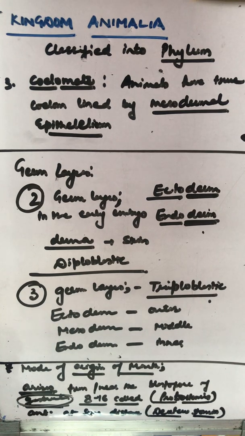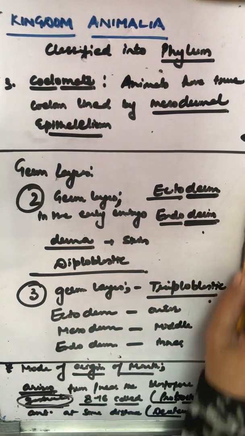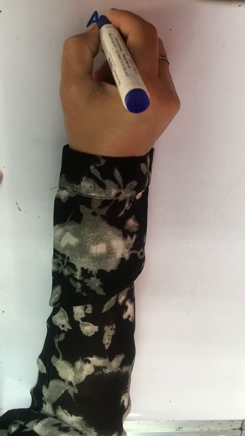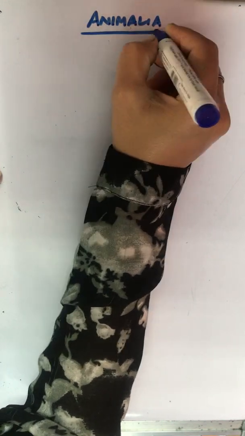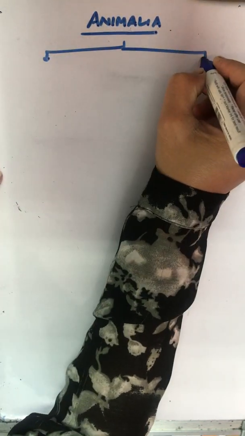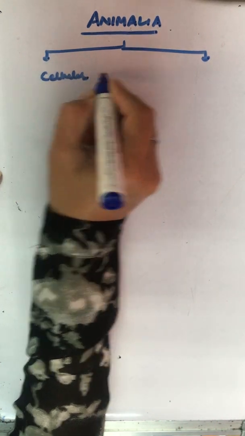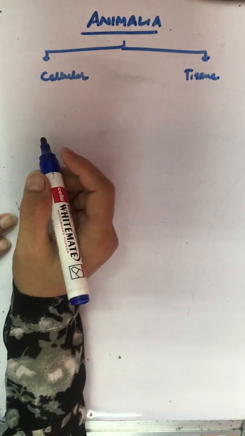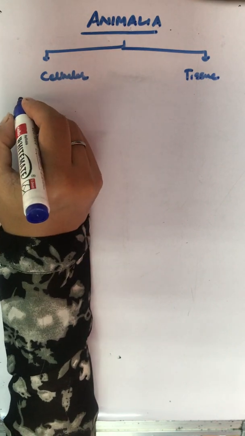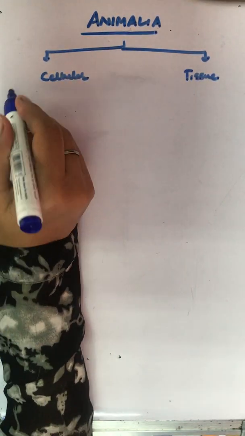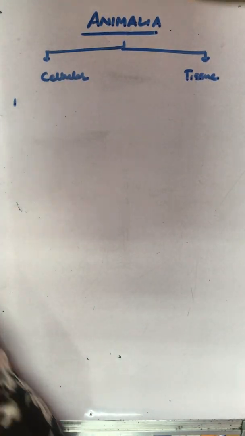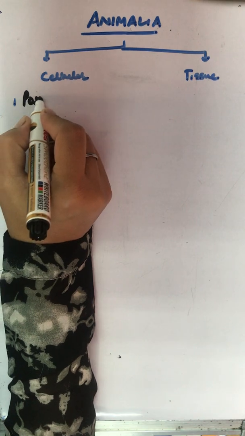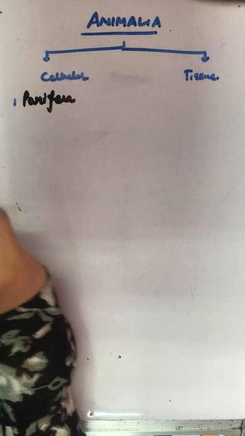Right? Then we move to the basic classification, or the outline, of the entire kingdom Animalia. Here the outline says kingdom Animalia is divided into two levels, cellular and tissue. If we say cellular, then we call it Porifera; this is the level of organization.